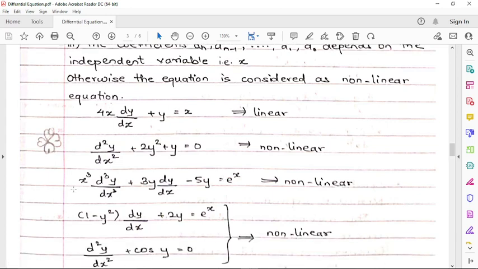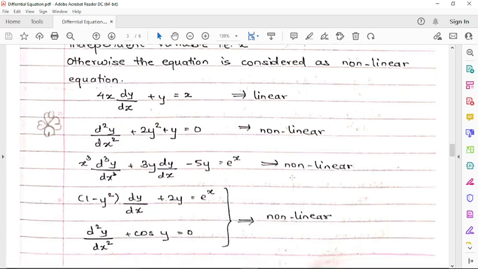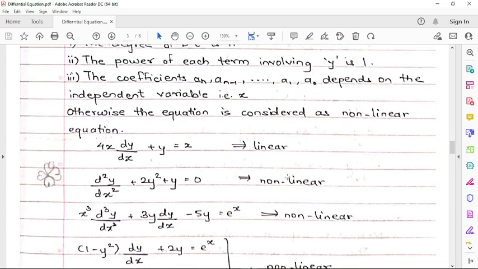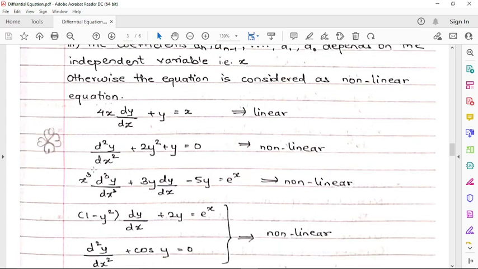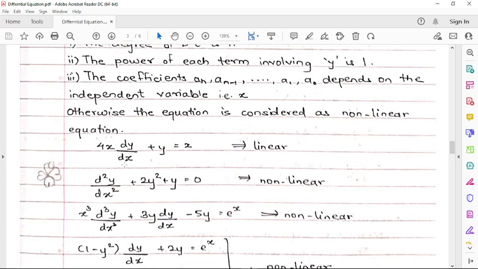Then see the third example: x cube d square y by dx square plus 3y dy by dx minus 5y is equal to e raised to x. This equation is non-linear. Why? Let us apply the conditions. The degree of the differential equation is 1, yes.